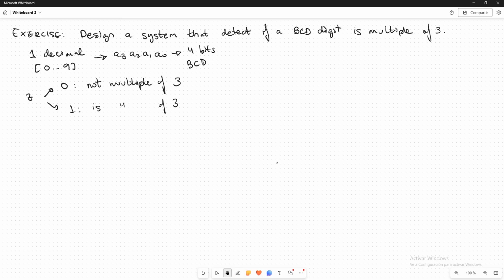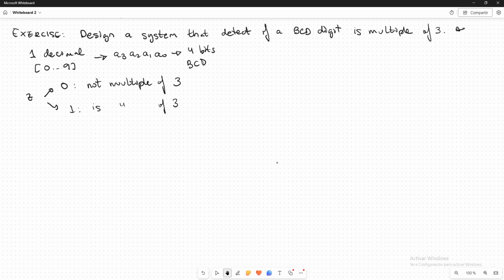So we have to translate from this sentence to inputs and outputs. The input is clear because it's a BCD digit, so we have 4 bits to codify the BCD digits. And the output, we have only 1 bit because the answer is yes or no. Is a multiple? Yes. Is a multiple? No. So we only need a bit.